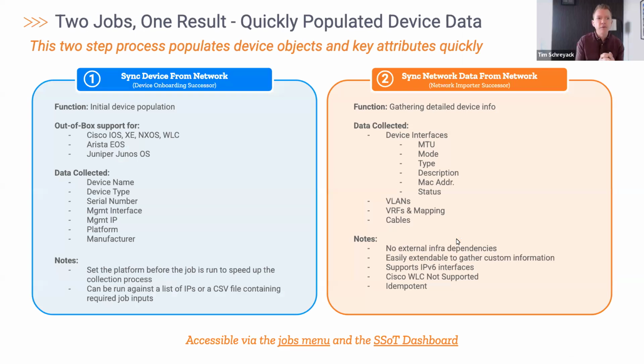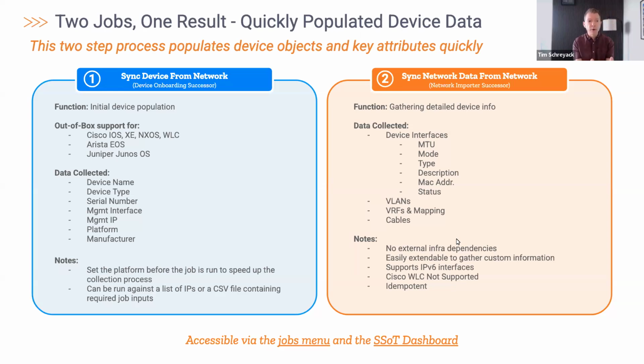So again, the idea of the two jobs, one result: how do we quickly populate device data? As we look at these two concepts, we're going to go a little further into what we're looking at here. The first job, the initial device population, has out-of-the-box support for Cisco IOS, XE, XR, Arista EOS, and Juniper.